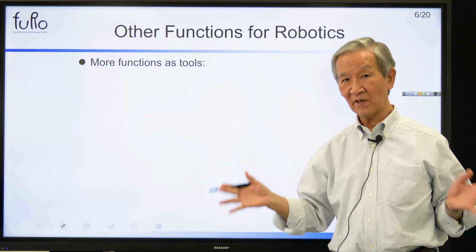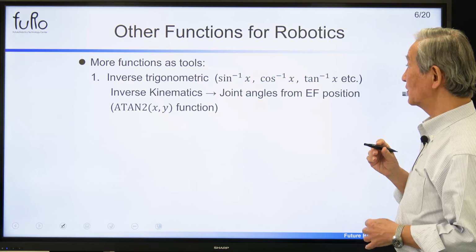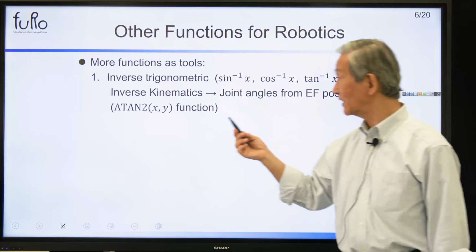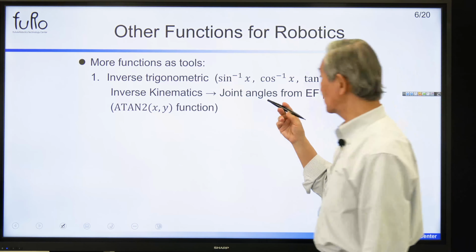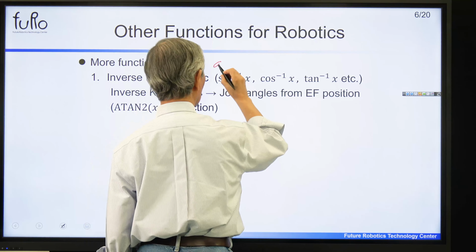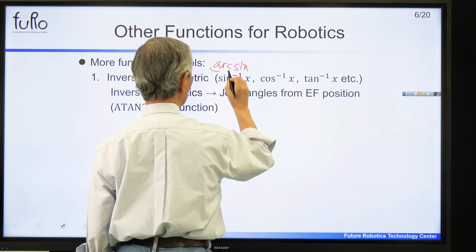If those were the only functions we had to deal with, that's fine, but there are more functions we need to use. The first one, which we use quite often, is the inverse trig functions. We call this sine inverse? No, arc sine.